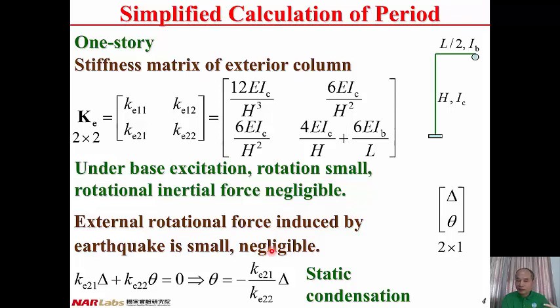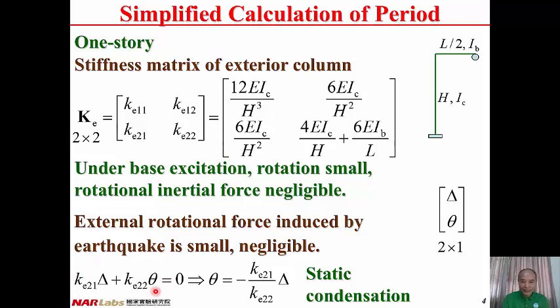With these two properties, we consider the second equation, Ke21 times delta plus Ke22 times theta equal to 0. 0 here means that there's no rotational external force, because the external rotational force is very small. And no acceleration here because the rotational inertia force is small enough to be neglected.